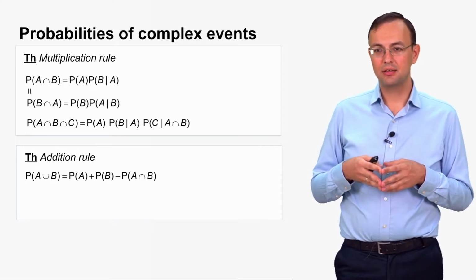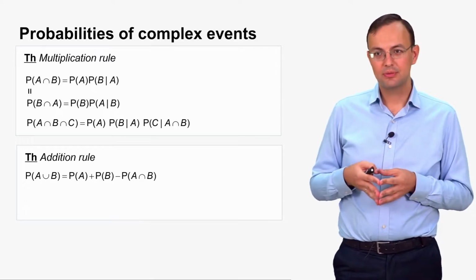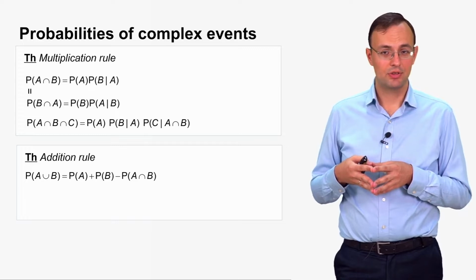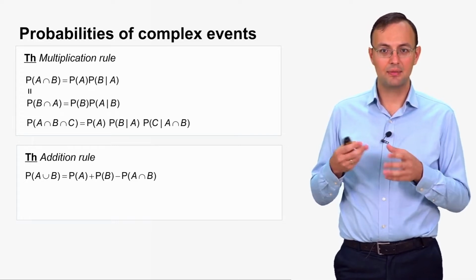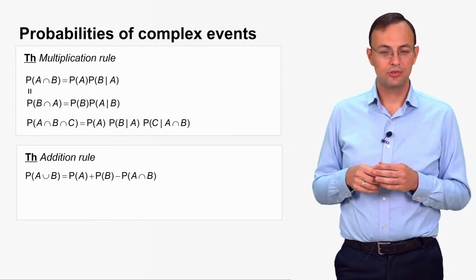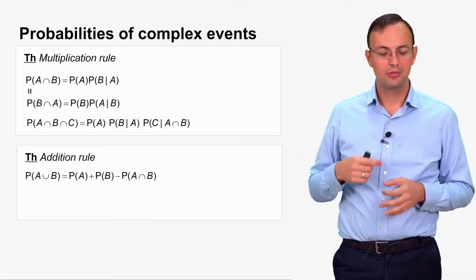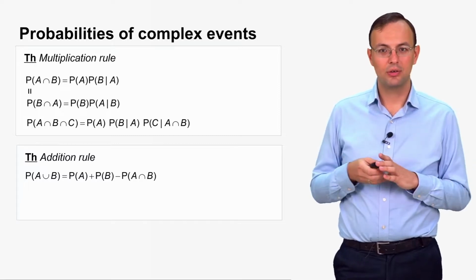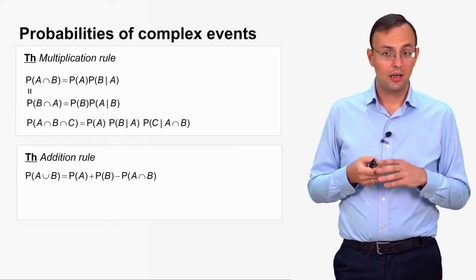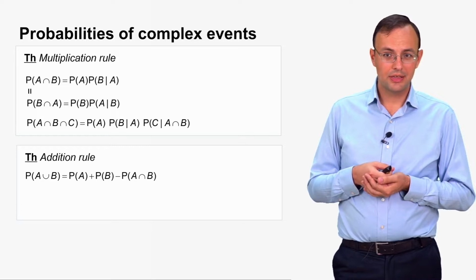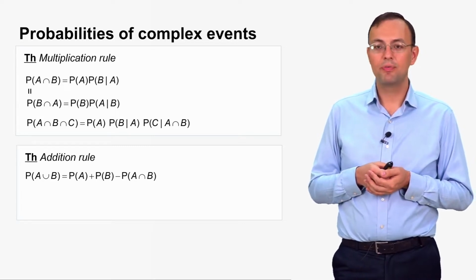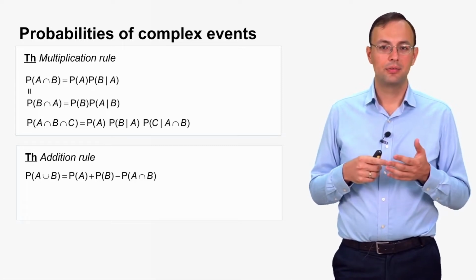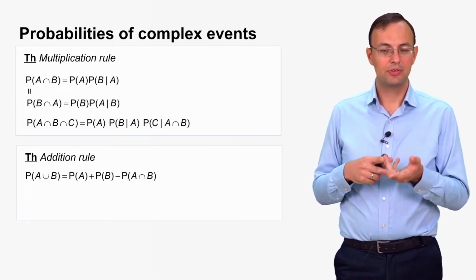This can be easily proved if you interpret probability as an area. So if you describe these events, A and B, as circles with some intersection, not empty intersection, so using Euler Venn diagrams, you will see that area of the union of A and B can be found according to this formula.